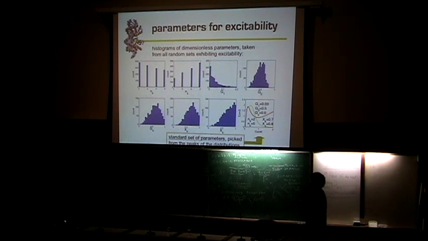These are pretty nice broad distributions, which indicates a compact region of the parameter space that shows that kind of behavior. So we took the peak value of these distributions to use as our standard parameter set.